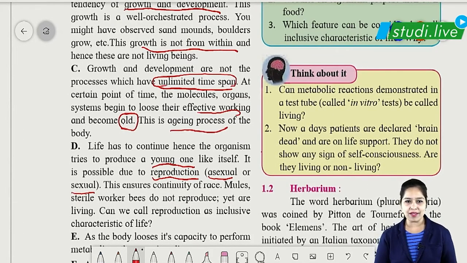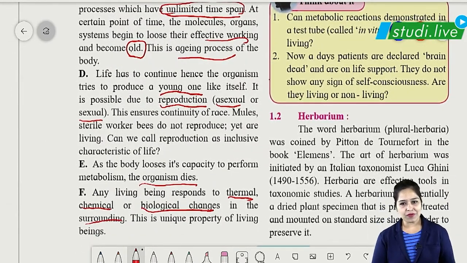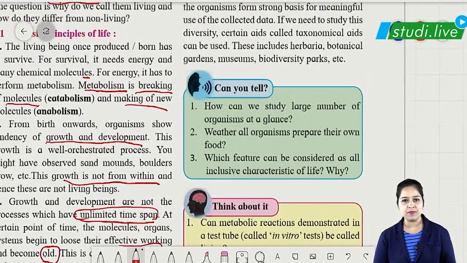And before the organism loses its efficient functioning, it does the function of reproduction. And the fifth point was, after the organism loses its efficient functioning, the organism dies. And the last point was, we can respond to various thermal, chemical, and biological changes in the surrounding, and this is the unique property of living organisms.